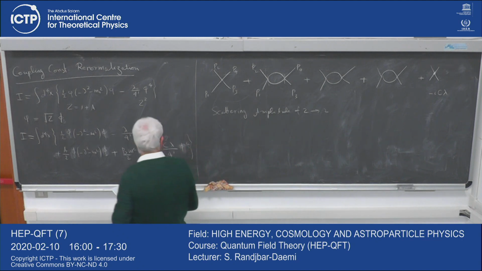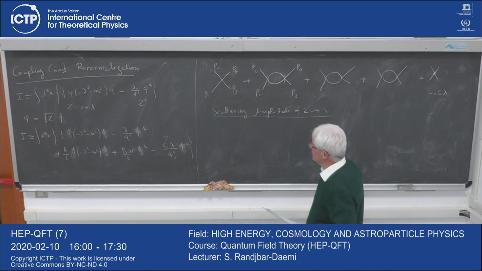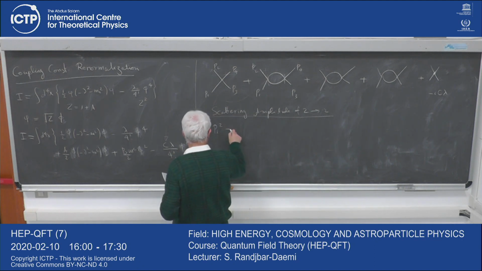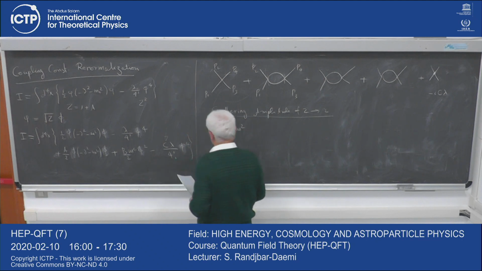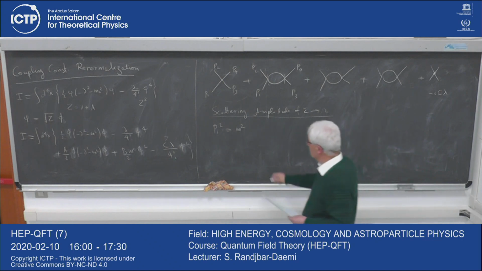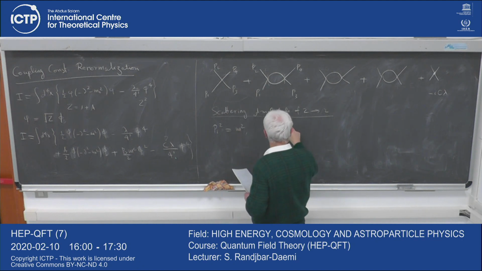First of all, if you are calculating a scattering amplitude, the external lines are on shell, so Pi squared will be equal to m squared, and m is the physical mass. As a consequence, for this graph the whole amplitude should be Lorentz invariant.